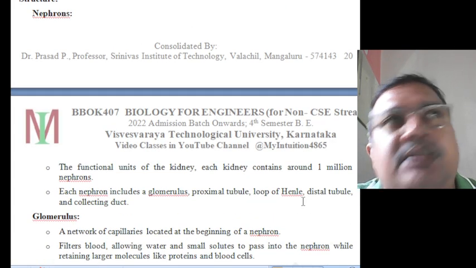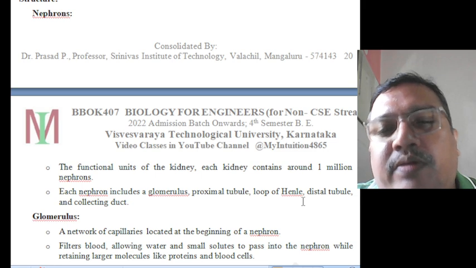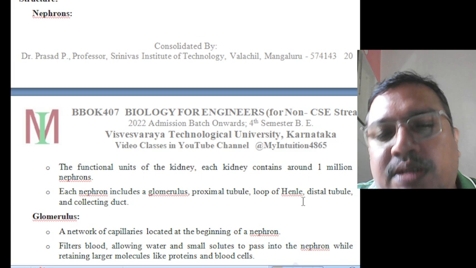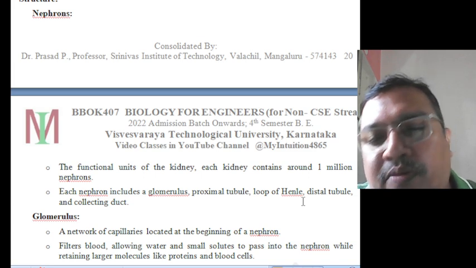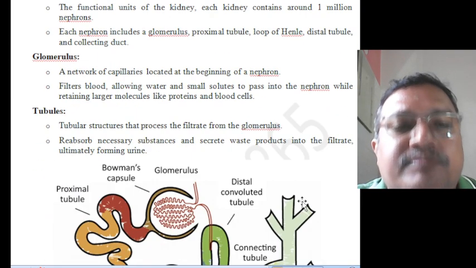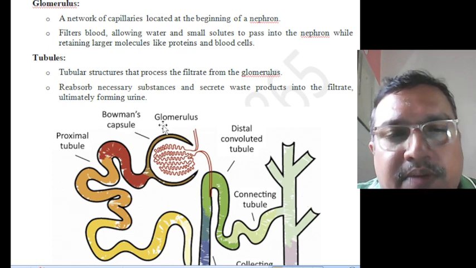The nephron is the functional unit of the kidney, and each kidney contains more than 1 million nephrons. Each nephron includes the glomerulus, proximal tubule, loop of Henle, distal tubule, and the collecting duct. The glomerulus is the network of capillaries located at the beginning of a nephron, as given here in the image.